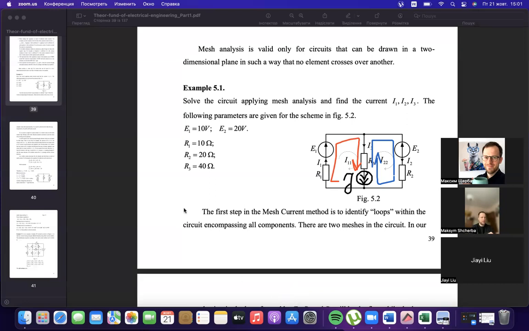That is another moment, another restriction, on how we should use this method. We could equalize any of these currents, the first or the second, as you want.